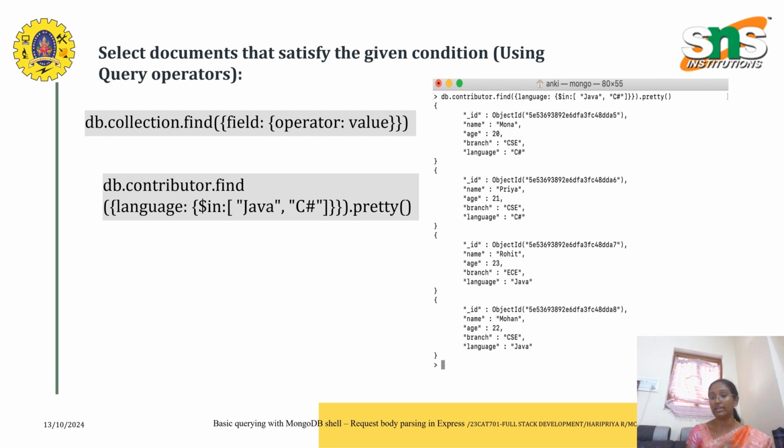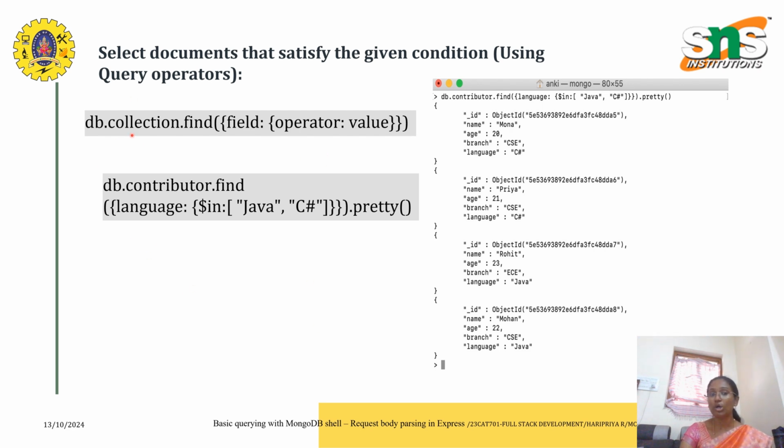In MongoDB you can very easily grab your data. Clear? So here I'll give some query operators. The syntax is db.collection.find, with the field I want to find, then the operator, colon, value. This is everything we want to do. This is the syntax.